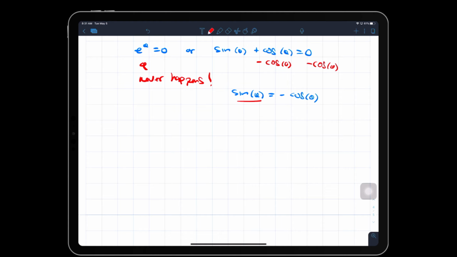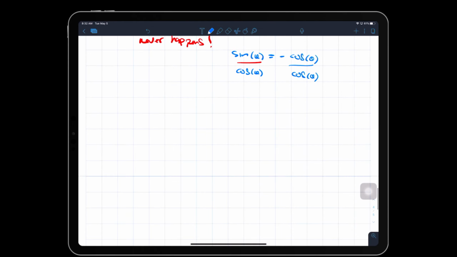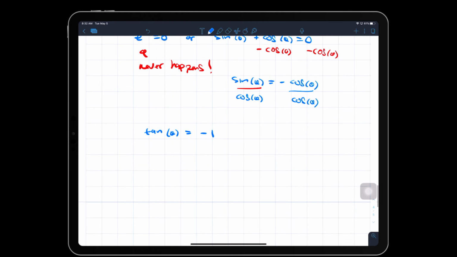So this is why I'm showing you that video again, solving a trig equation. And this is important, which is why I made those videos. So sine over cosine we know is tangent. Tangent is -1.